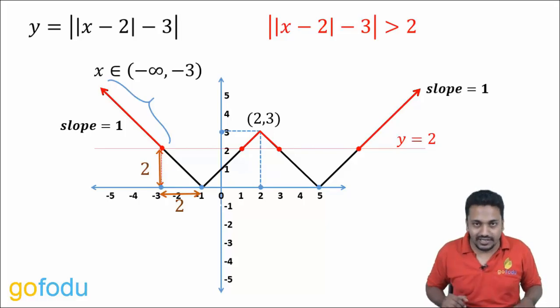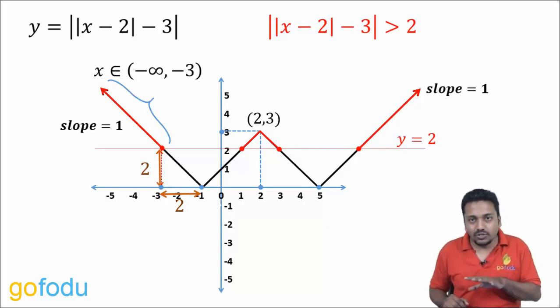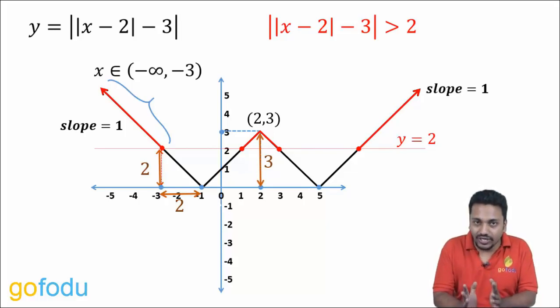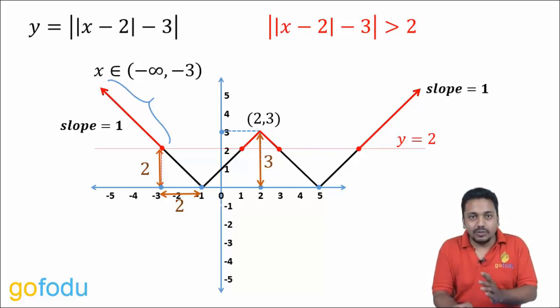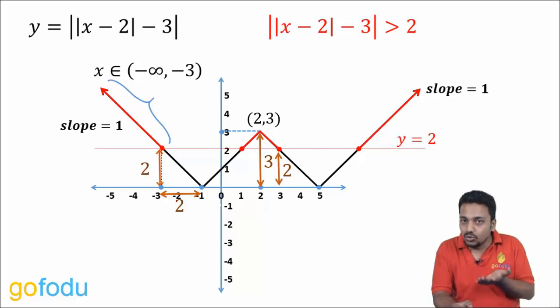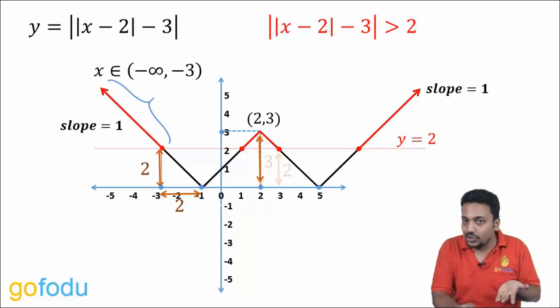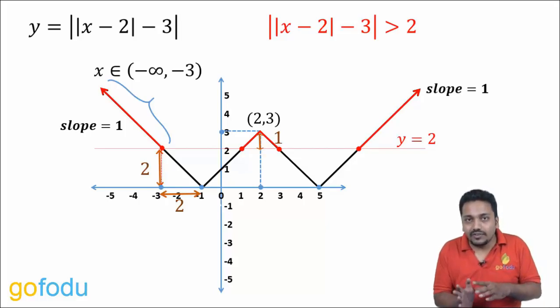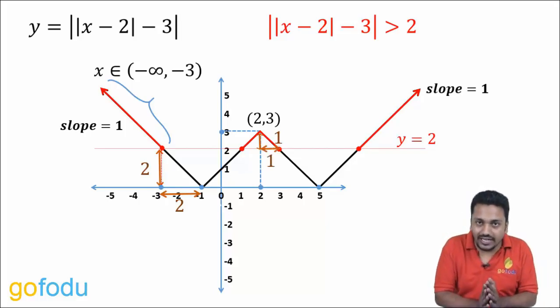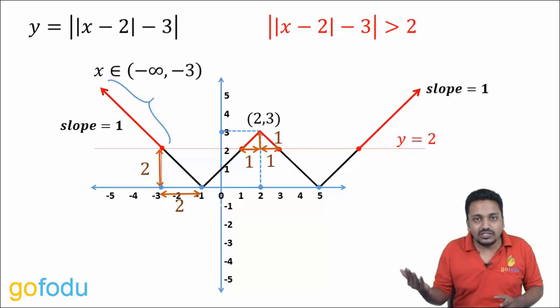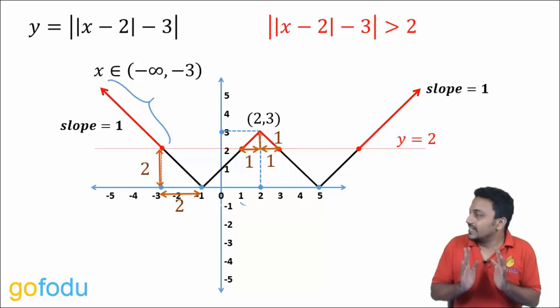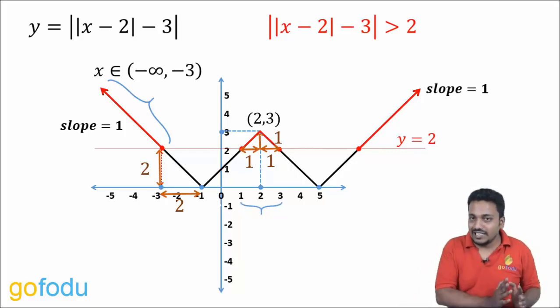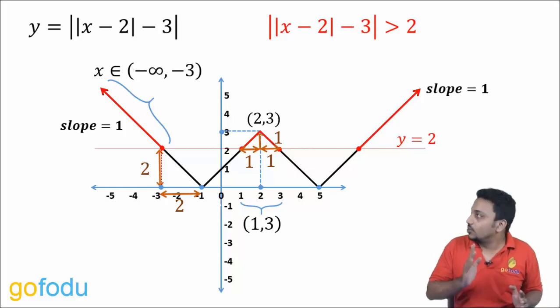Coming to the second part, local maxima is at 3 units from the x-axis. So the part above y is equal to 2 is nothing but 1 unit. Okay, this is 1 unit. So on the x-axis, we will have a point 1 unit towards the right of 2 and 1 unit towards the left of 2. So this region is nothing but x belongs to 1 to 3.